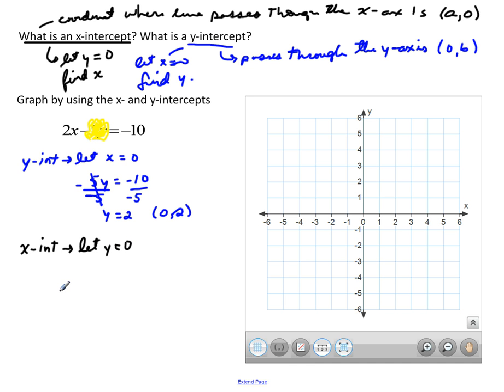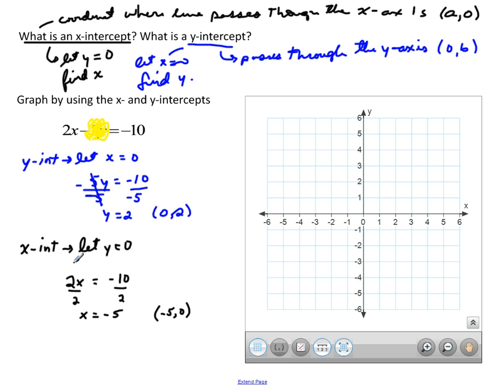And so if we let y equal 0, that means we now have the equation 2x equals negative 10. We divide by 2, and we've got x equals negative 5.